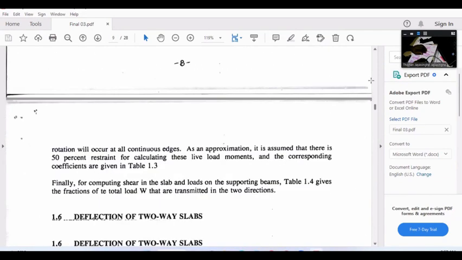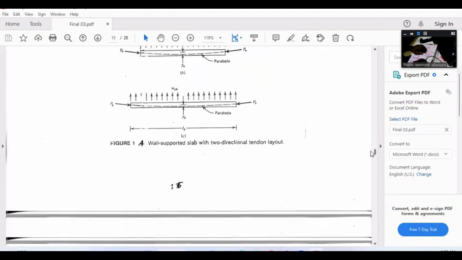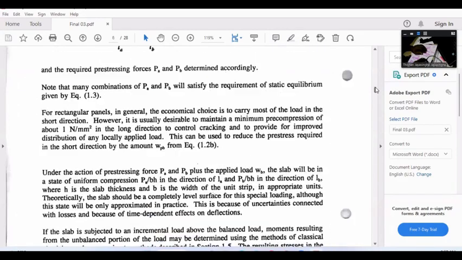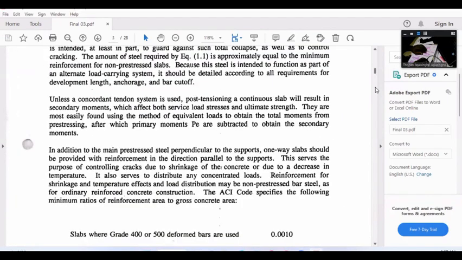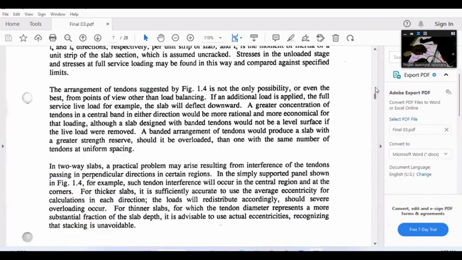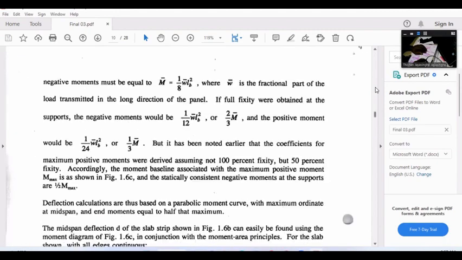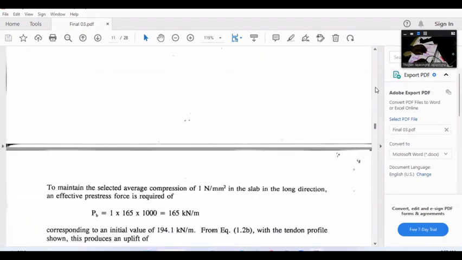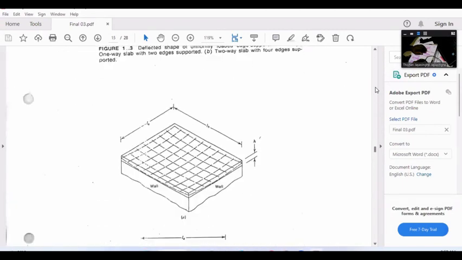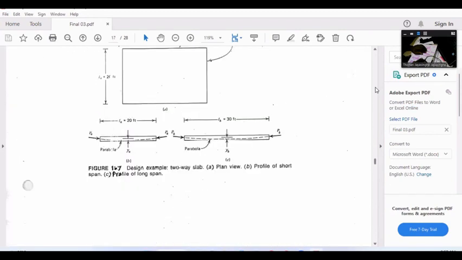So to find those, we have two tables to find the coefficients. Yeah.